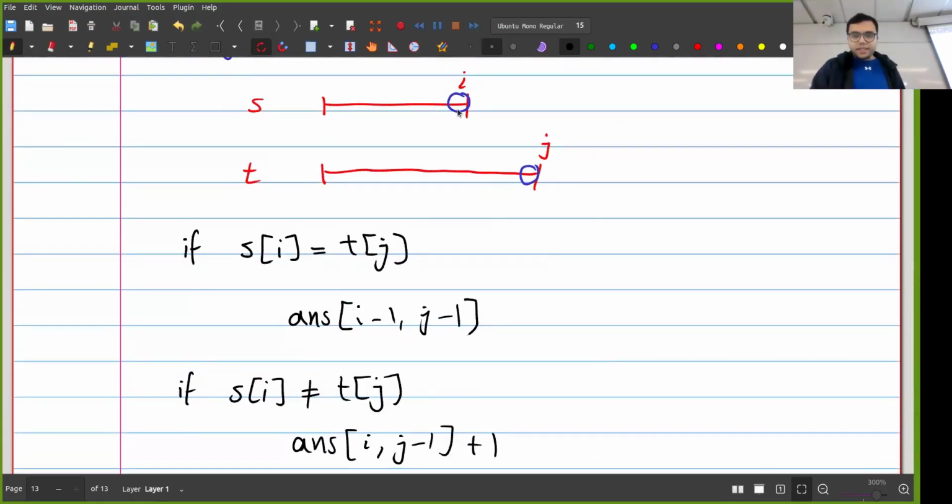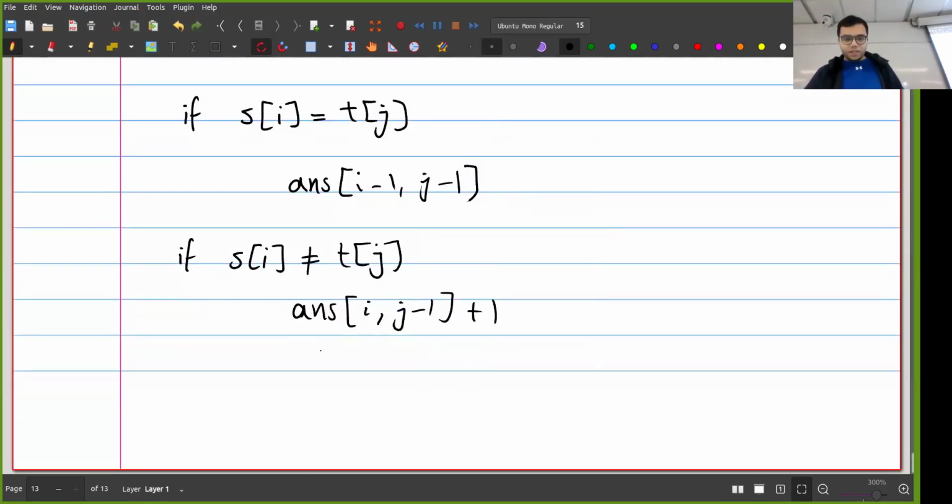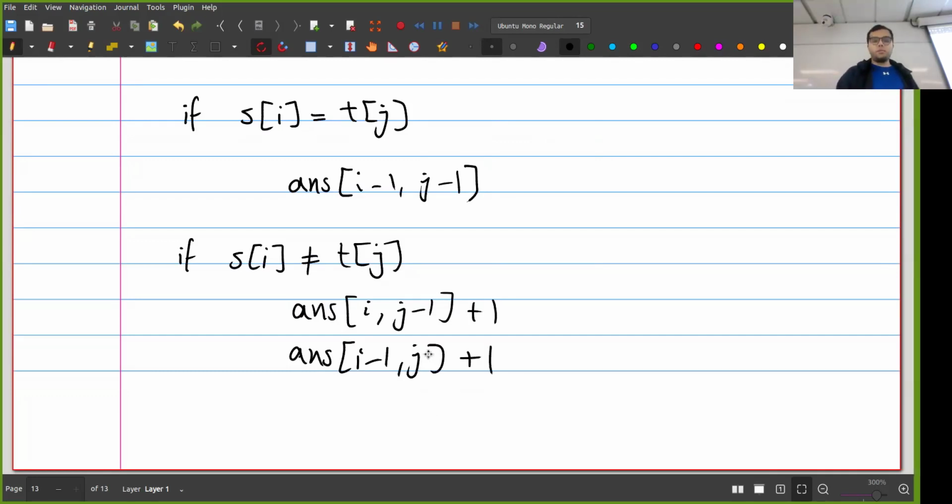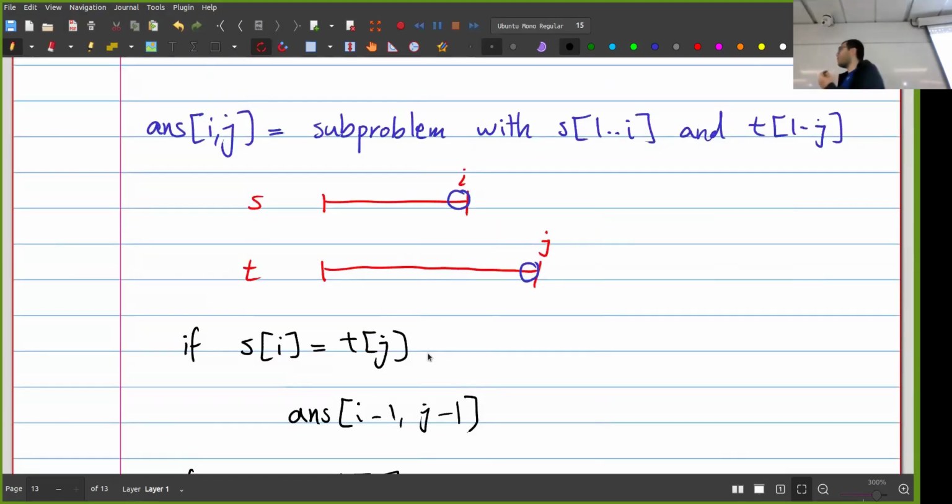I could also delete this last letter from S. And if I do that, then I have the first I minus 1 letters of S, and I have the first J letters of T. So I would just get the answer for I minus 1 and J, again, +1, because I'm spending one operation to do the deletion.